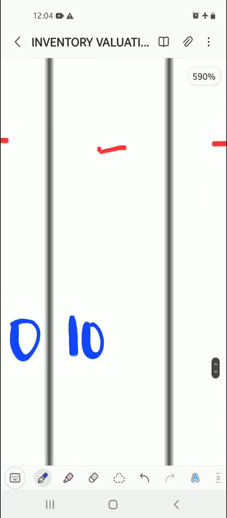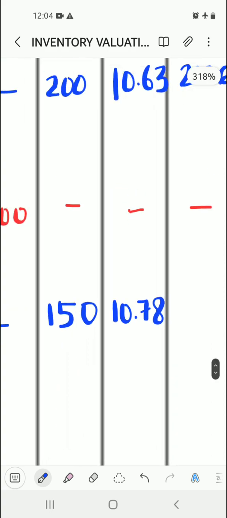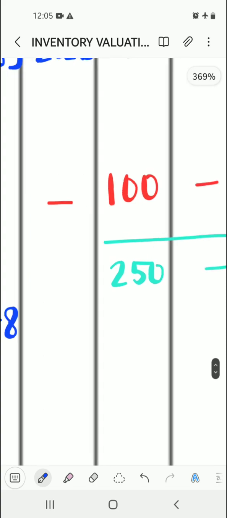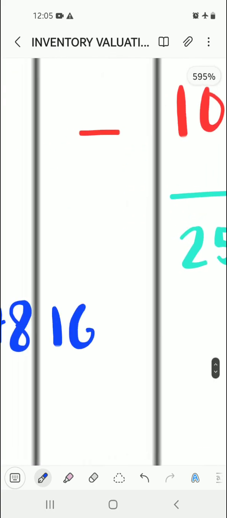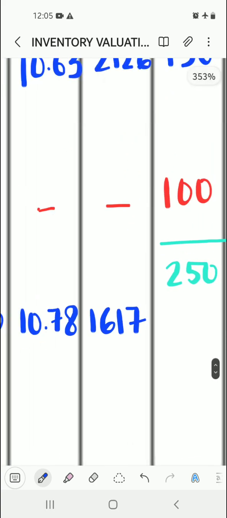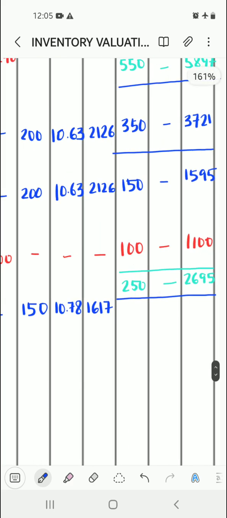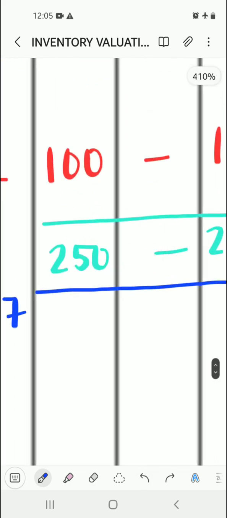So 10.78, multiply 10.78 into 150, we get 1617. Write it here, 1617. Now we're going to write the balance. Balance will be simple. 150 gone from 250, so we are left with only 100 units.